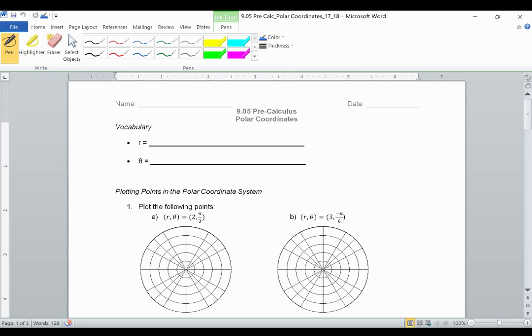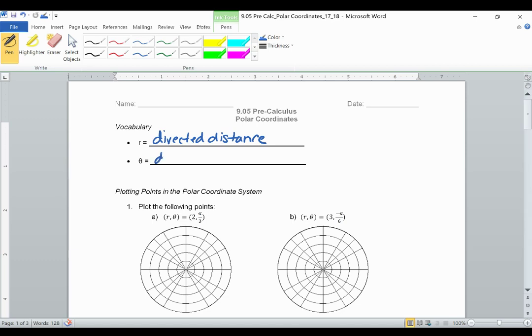So we've got some vocab first off. So r in polar coordinates is representing a directed distance. So kind of like when we talked about with our vectors, they have a directed distance. So it's a certain amount of units that you've gone, but it's in a specific direction.